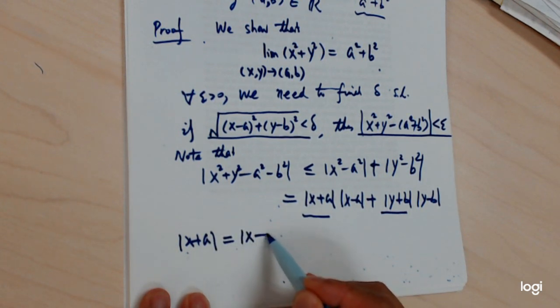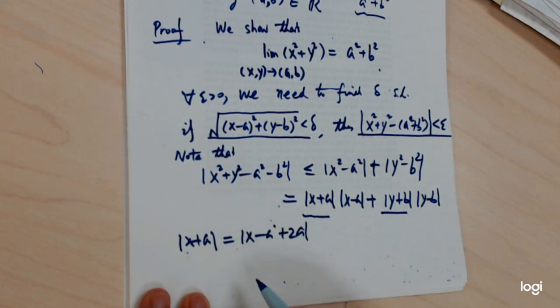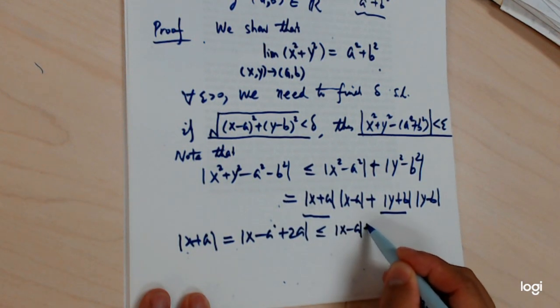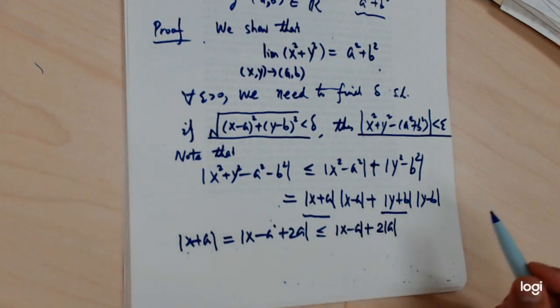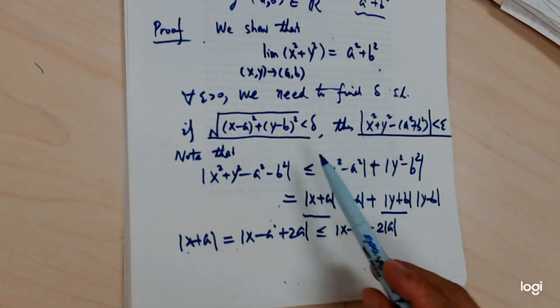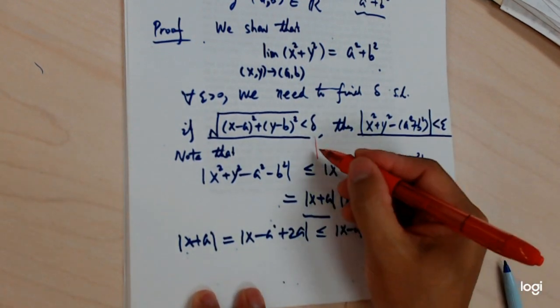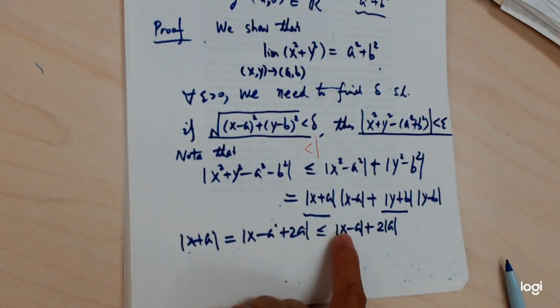I split this into x minus a plus 2a, using the triangle inequality again, with the absolute value of 2a. If I can pick delta to be less than 1, it's pretty trivial: x minus a will be less than 1.